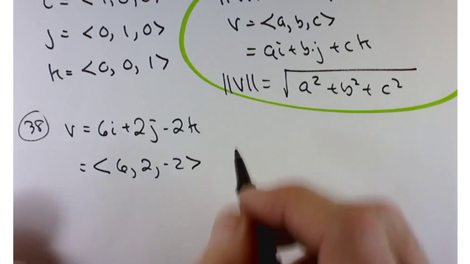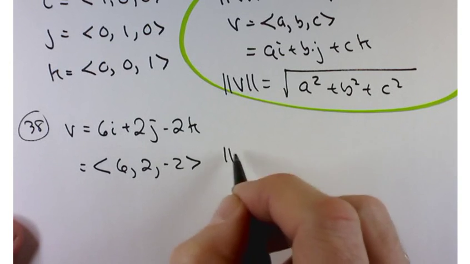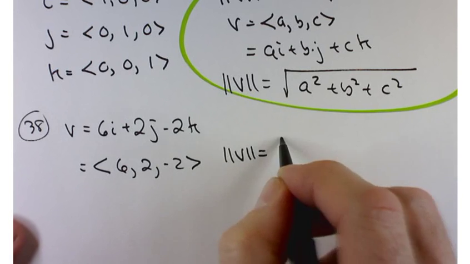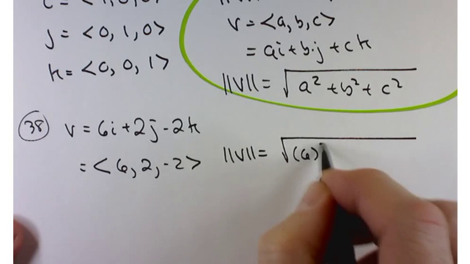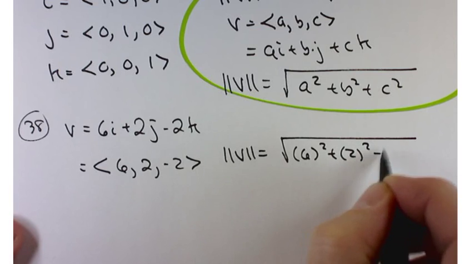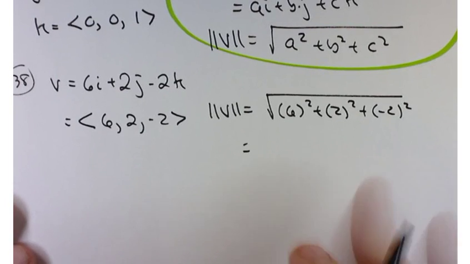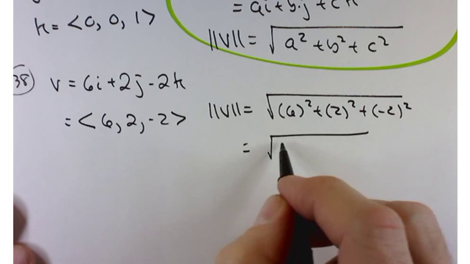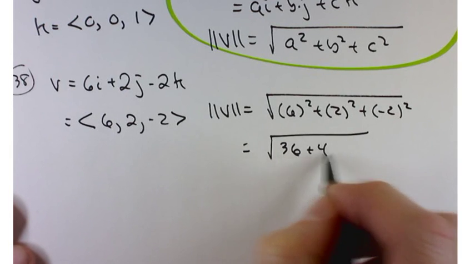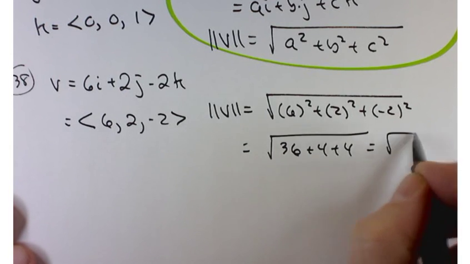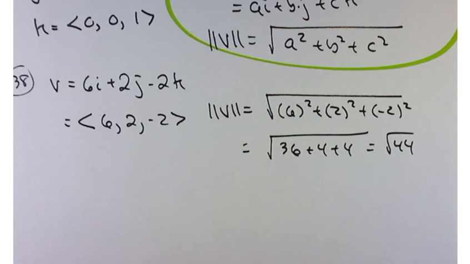But let's find the length here. So the length of vector v is going to be the square root of 6 squared plus 2 squared plus negative 2 squared. 36 plus 4 again, square root of 44.